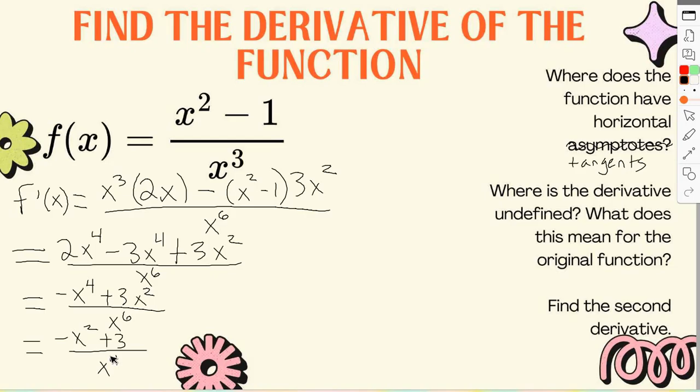That's that answer. So where does the function have horizontal tangents? What does it mean to have a horizontal tangent? The slope equals 0. Okay, and what is the slope of the tangent line? The derivative. Are we okay with that? So that means that our derivative must equal 0.